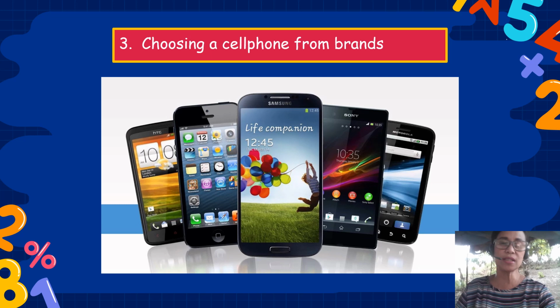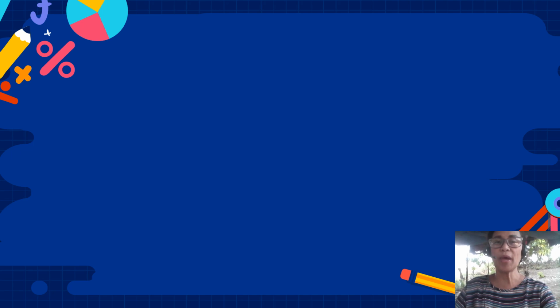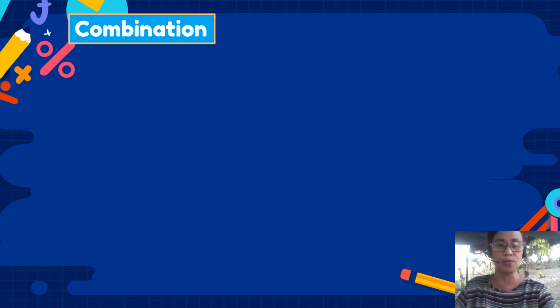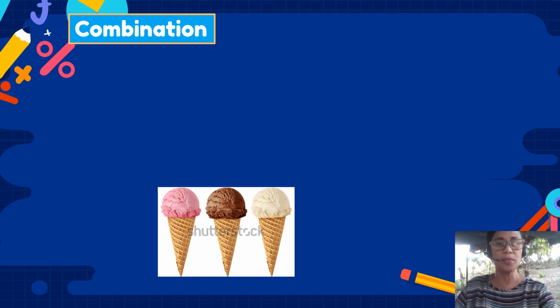Now, the best way to understand a combination is by comparing it to a permutation. Comparing a combination versus a permutation can easily be understood with an illustration. So let's go back to my first example of combination. We have 3 flavors of ice cream that is sold for buy one, take one.